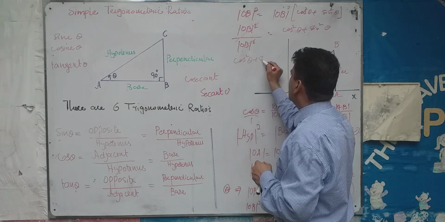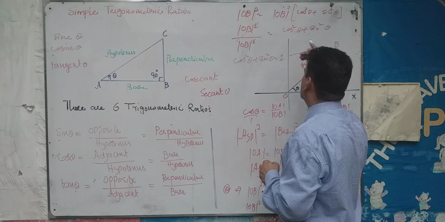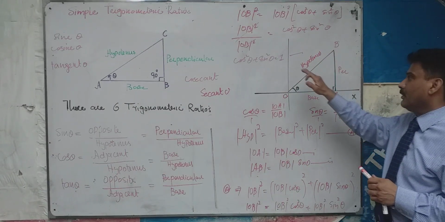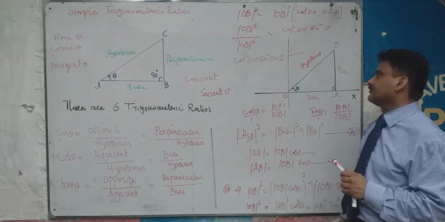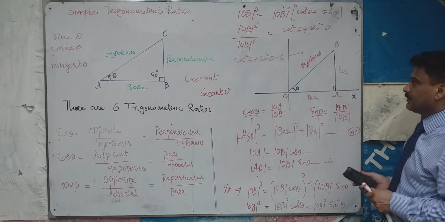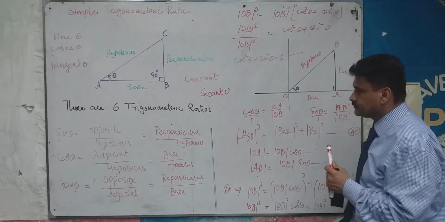Cos squared theta plus sin squared theta will be equal to 1. We call it a trigonometric identity. Cos squared theta plus sin squared theta is always equal to 1. We know this, right?